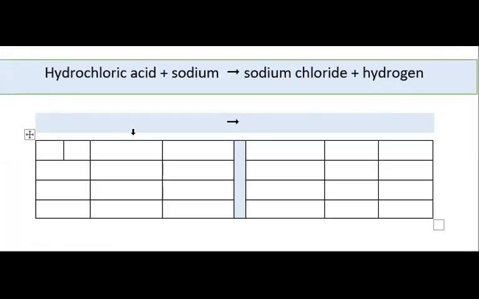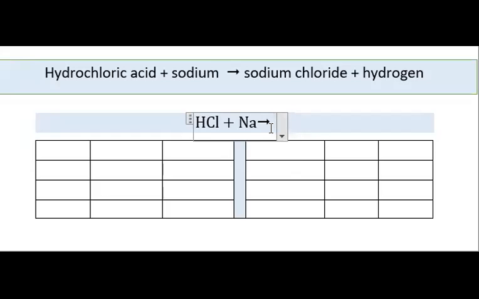Okay, so hydrochloric acid, how do we write that? H, yes, and Cl. How do we write sodium? Good.